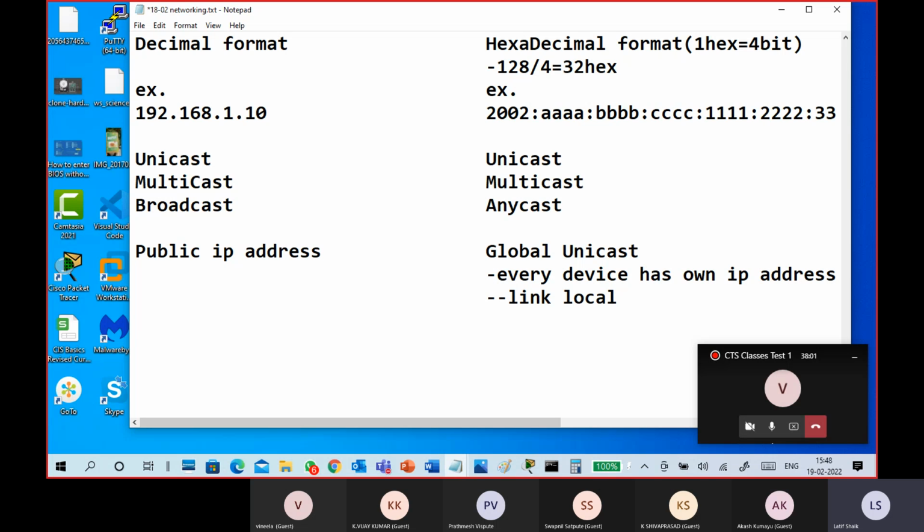That is called a link local. The link local range is FE80 something. The starting is FE80. When you see FE80 at the start, that is a link local. It is a purely private IPv6 link local.